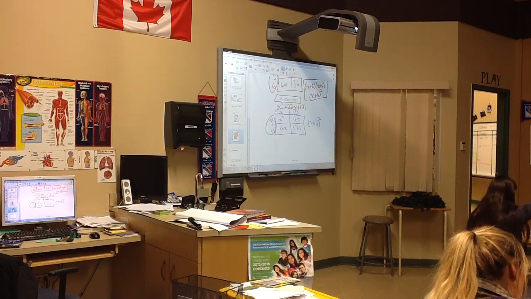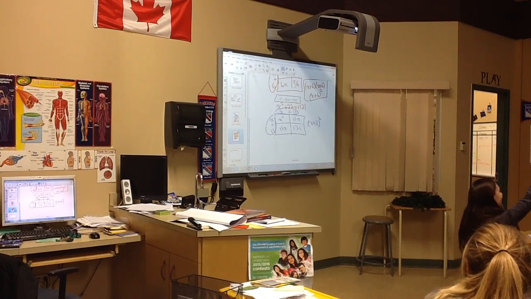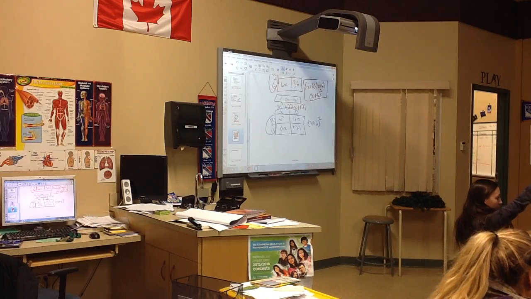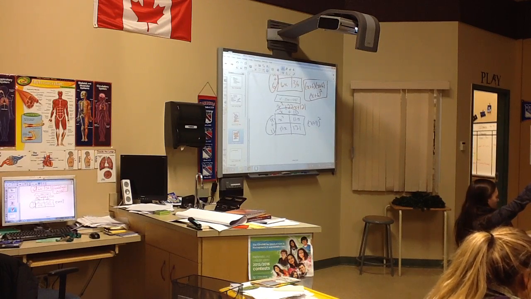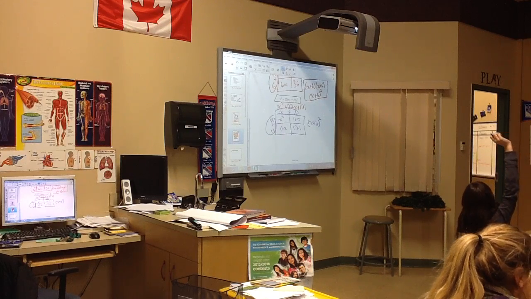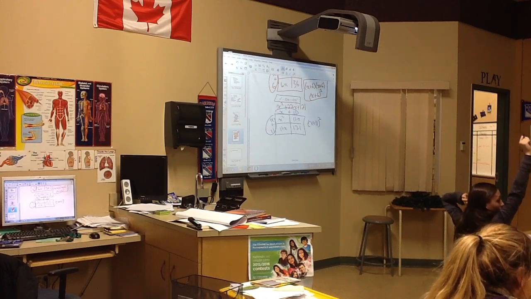Right, it's still positive. Yeah, that's a negative 11x. What do you need this to be in order to make negative 22? That has to be a negative. So where is that negative? What's a negative times a negative?